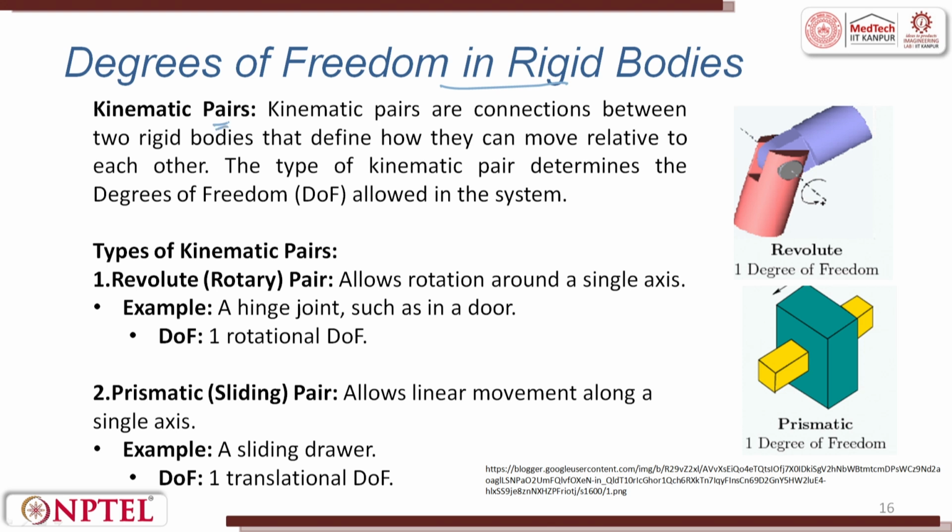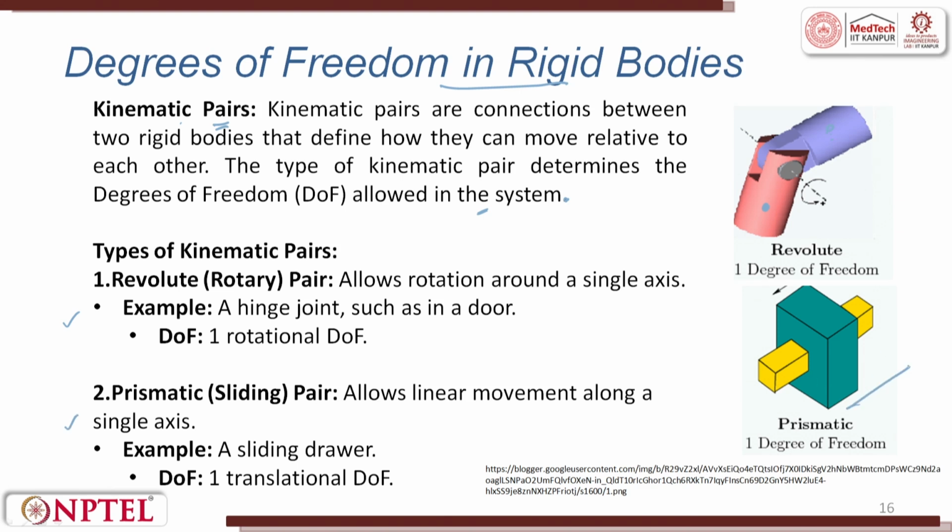When we talk about degrees of freedom in a rigid body, the first thing that comes up is kinematic pairs. Kinematic pairs are connections between 2 rigid bodies that define how they can move relative to each other. The type of kinematic pair determines the degrees of freedom allowed in a system. Types of kinematic pair: there can be rotational, there can be prismatic.